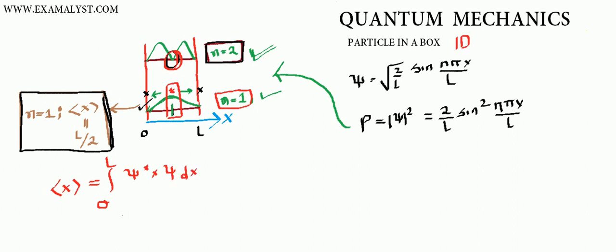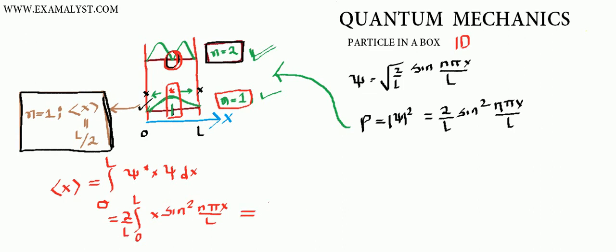So what mathematics do we need to solve? We have integration from 0 to L. Since psi star is equal to psi, because this is not a complex function, we have x, and we'll have sine square n pi x by L, and there will be a 2 divided by L. Agreed? Now how to solve this?